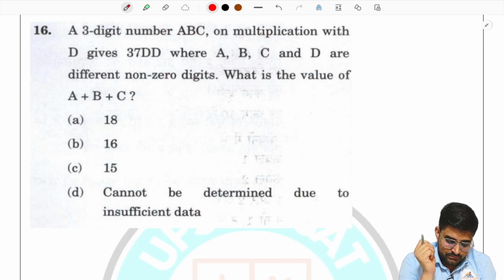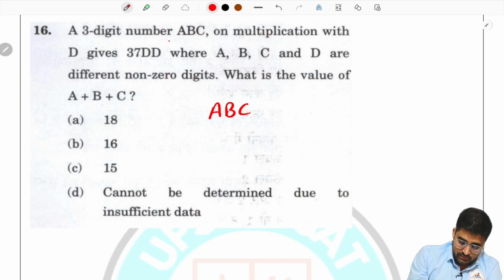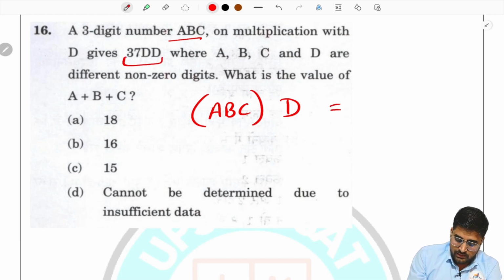A 3-digit number ABC on multiplication with D gives 37DD.